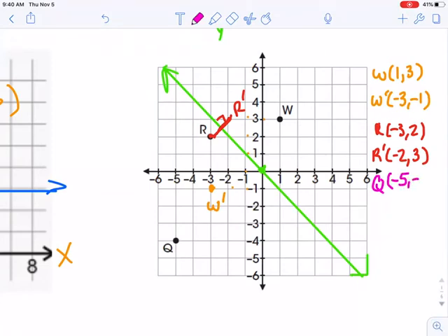Q is at -5, -4. See how that's kind of sloppy? I don't even think I did that the best way. That's why I don't like to draw these lines necessarily. I'm just going to tell you the answer. It's 4, 5. Q prime, so far away.